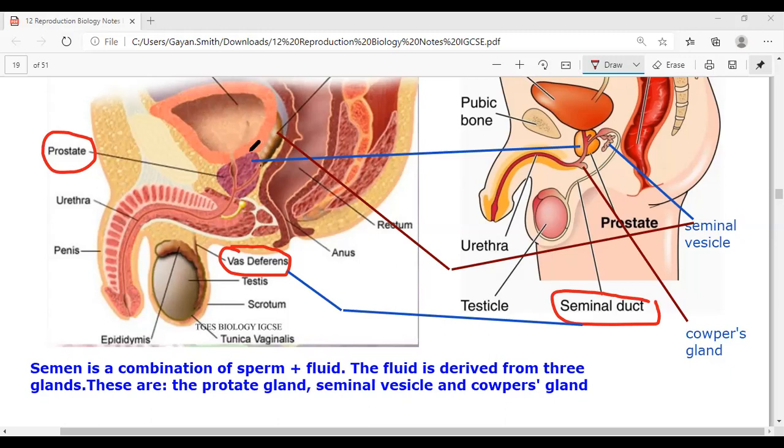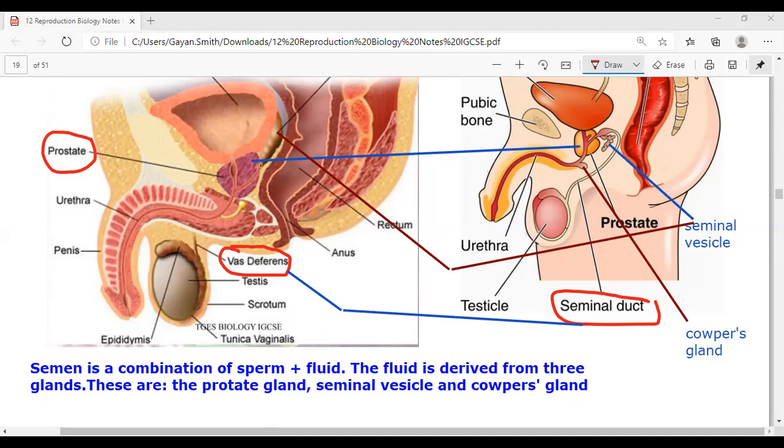Notice that behind the male reproductive system, we have the rectum and the anus right to the back. So it shouldn't be hard for you to get an unlabeled diagram of the male reproductive system and label it. But let me give you 2 more minutes to make the annotations, and then I'm going to show you a video on the male reproductive system, and then we're going to see if we can label it ourselves.